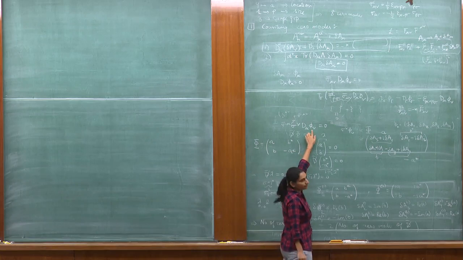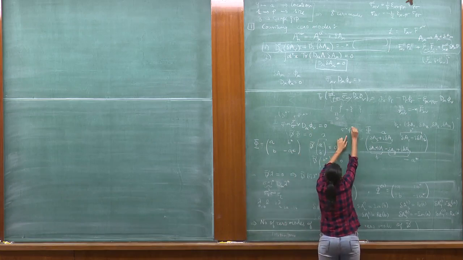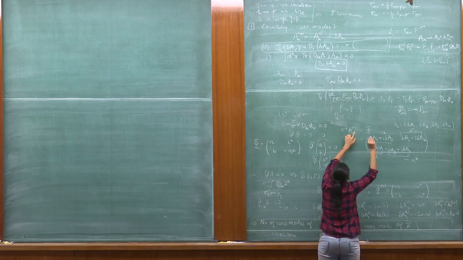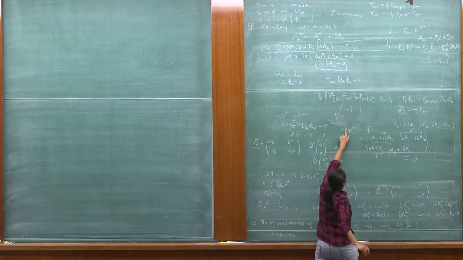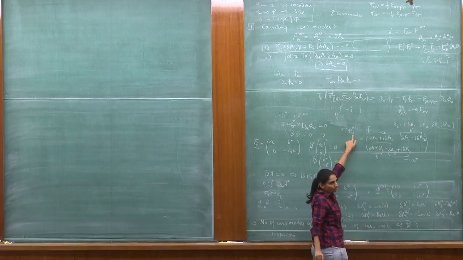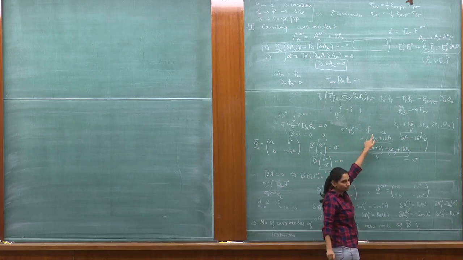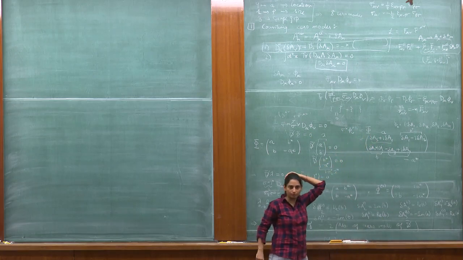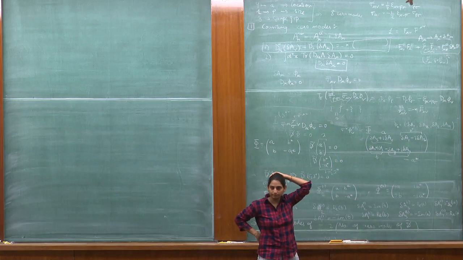Now I have acted on this 2 cross 2 matrix and contracted the index mu to get a new 2 cross 2 matrix. But the delta A's are still 2 cross 2 matrices themselves.